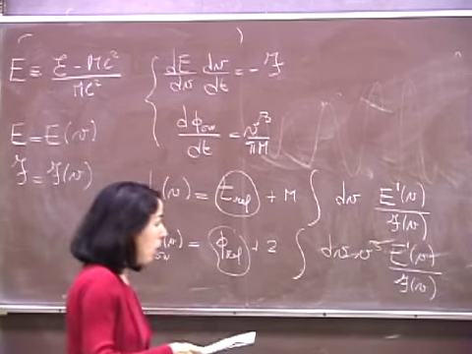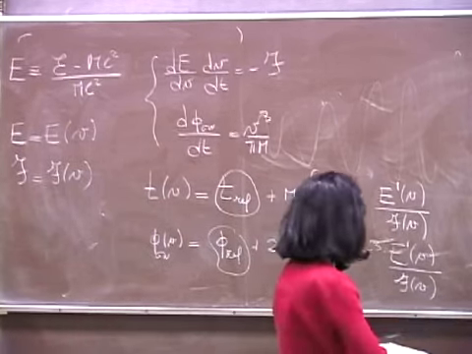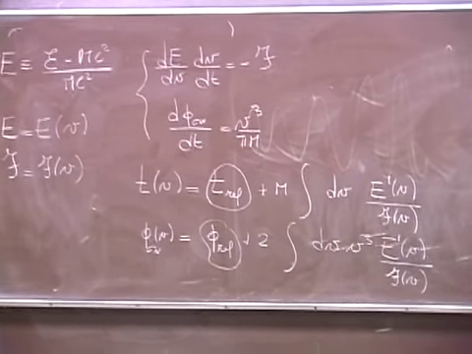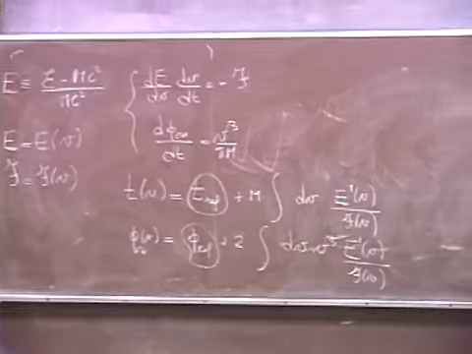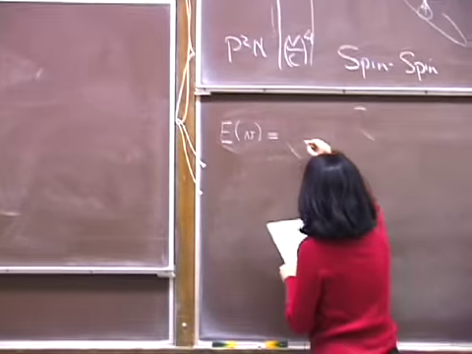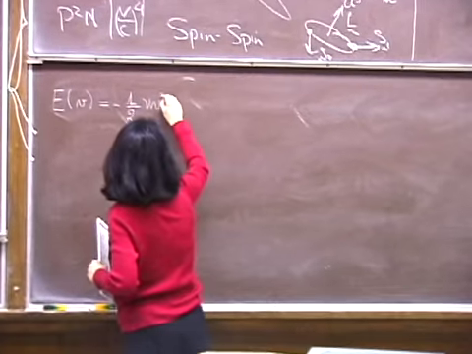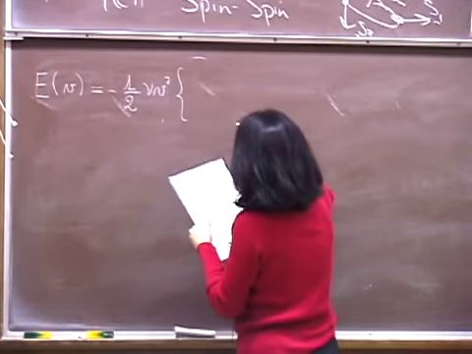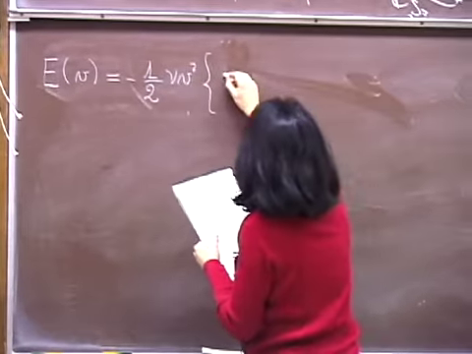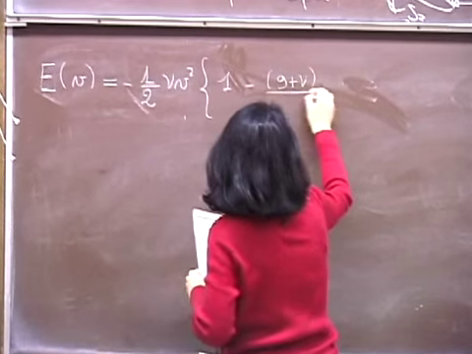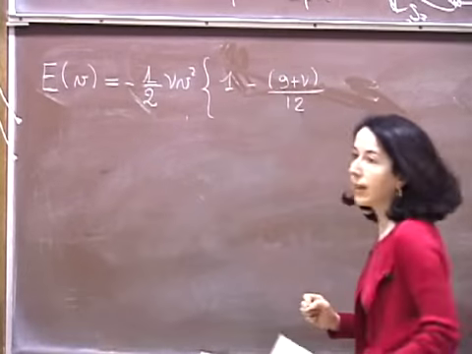Now I want just to give you an idea of the expression of E of v. I will give you just the first terms of this series. Can I ask you one question? Yes.